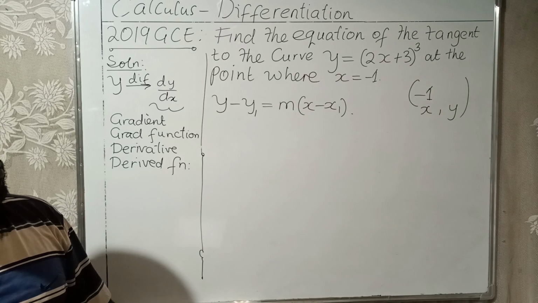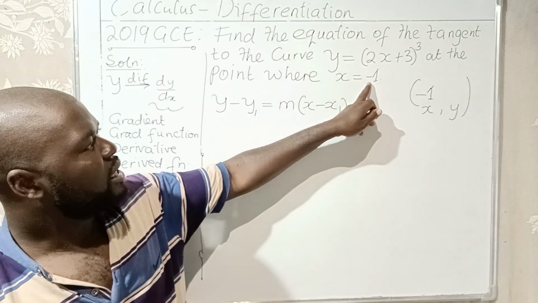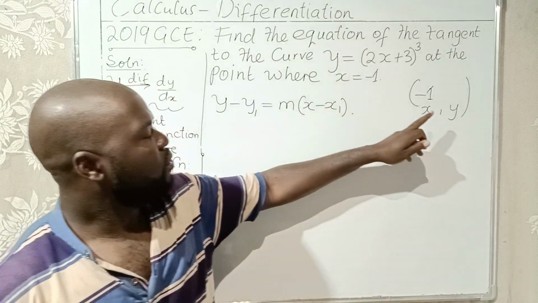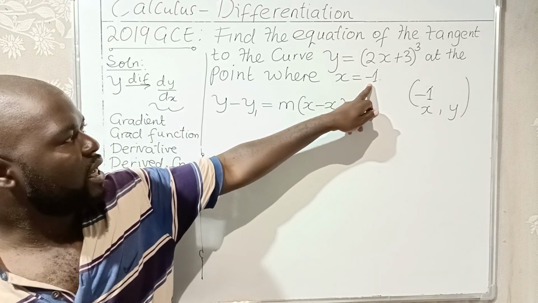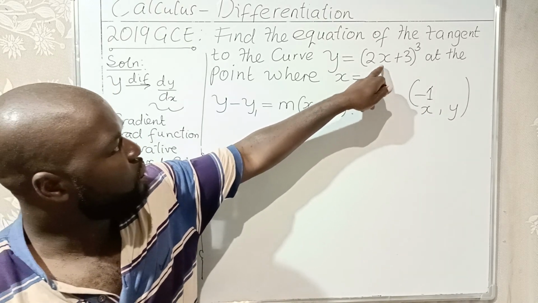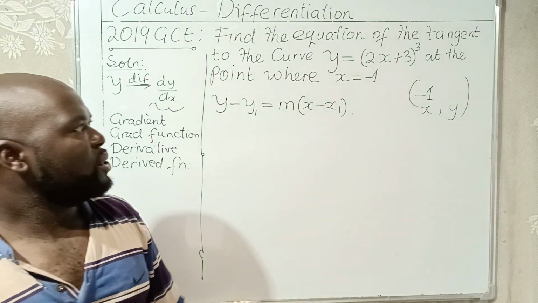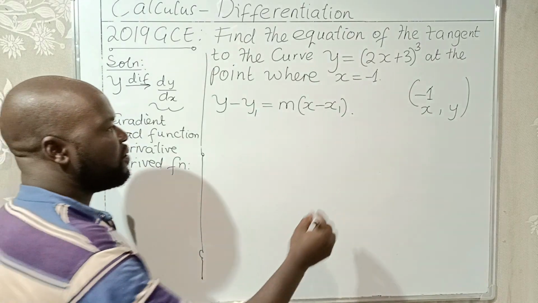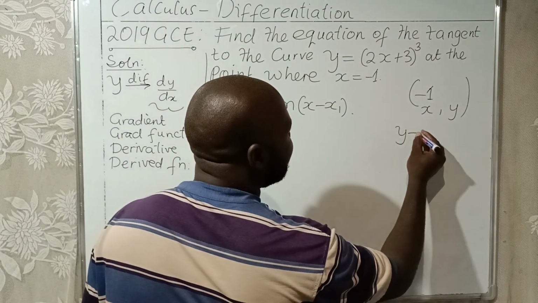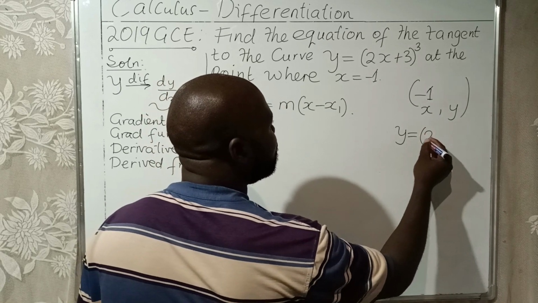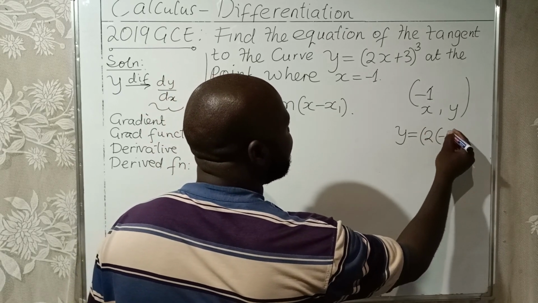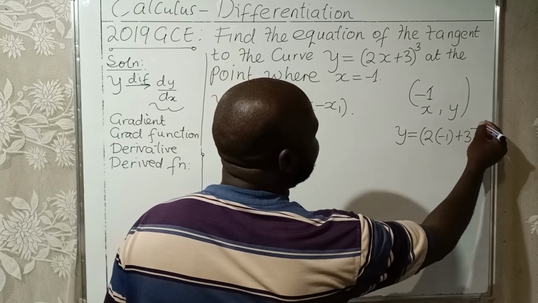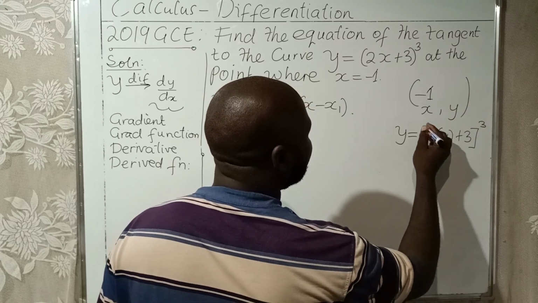So, we can start by getting the y coordinate. The way we get the y coordinate, we need to substitute the x coordinate into the given function. So, substituting our x coordinate into our given function, we have y is equal to (2x plus 3) all to the index 3.